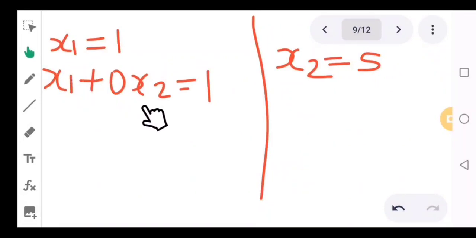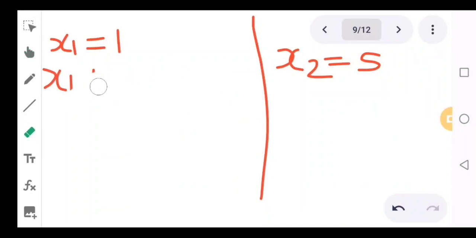Just because you have not written x2 doesn't mean it's not a linear equation. So these two also are linear equations.